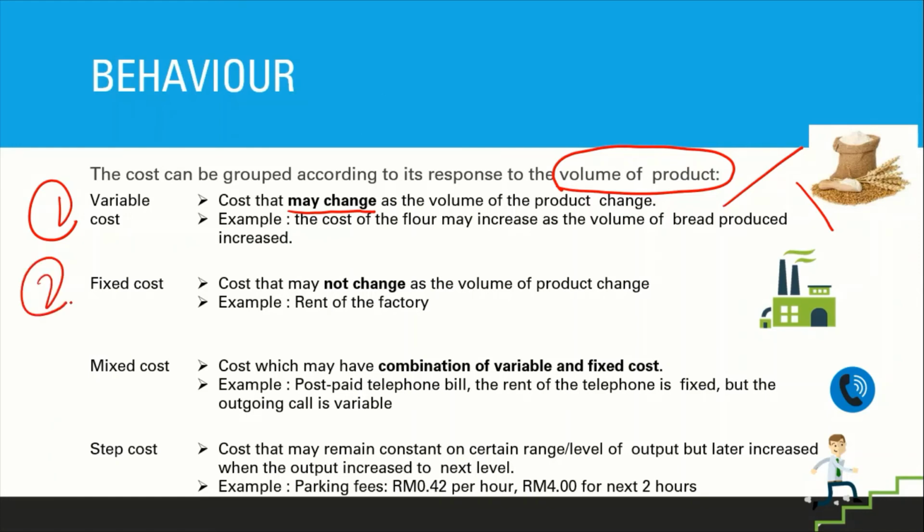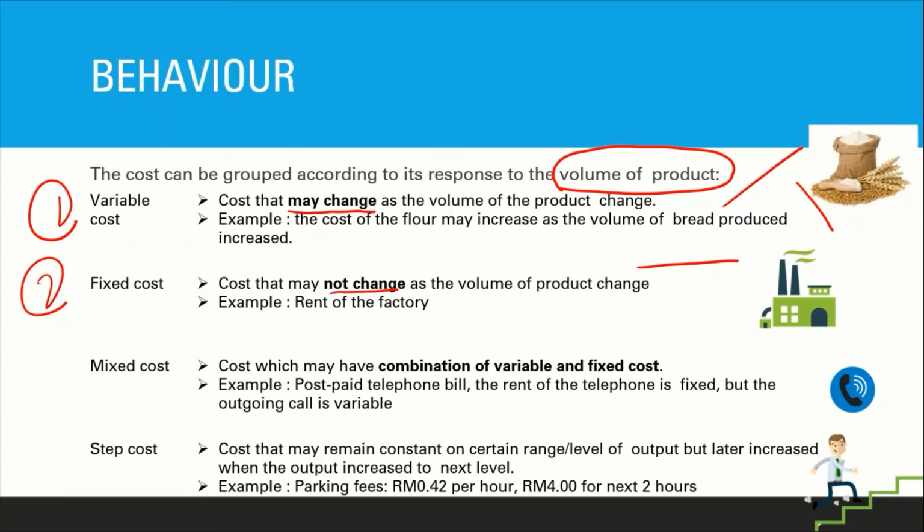Second is fixed costs, which are costs that may not change as the volume of the product changes. This one is the opposite of the variable cost. It is a cost that is constantly static, never moves, such as the rent of the factory. This January it is 2000, February is still 2000, March is still 2000. It's 2000 until the end of the year, constant.